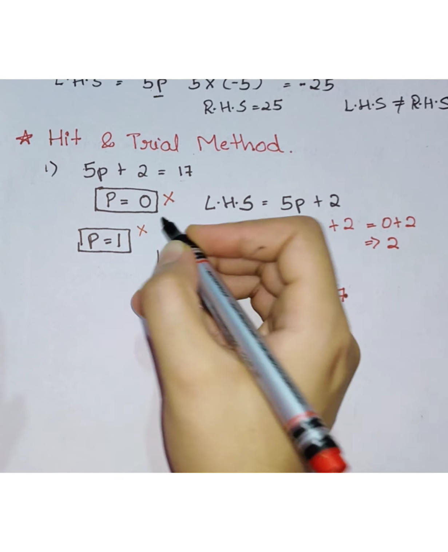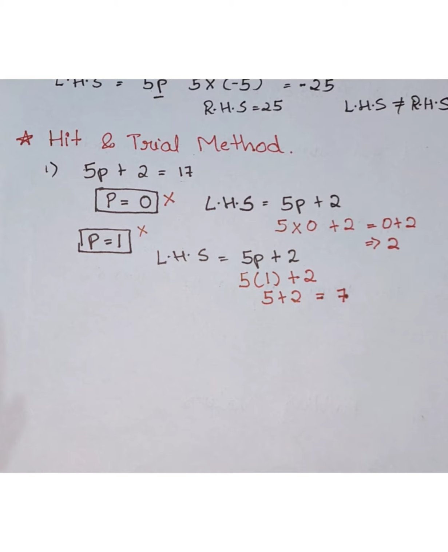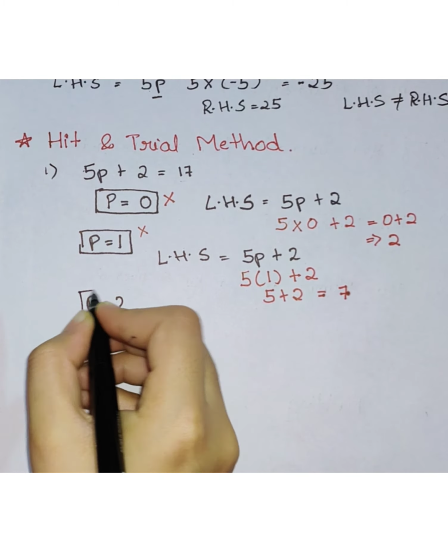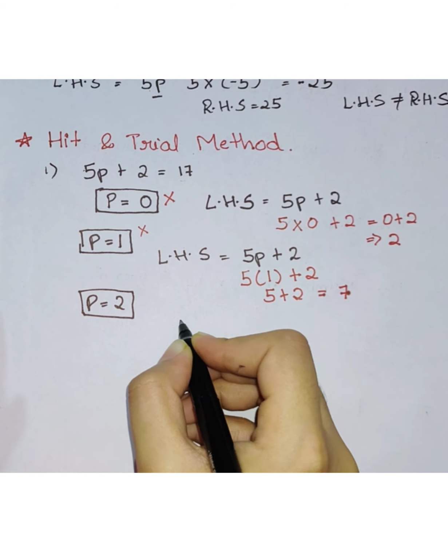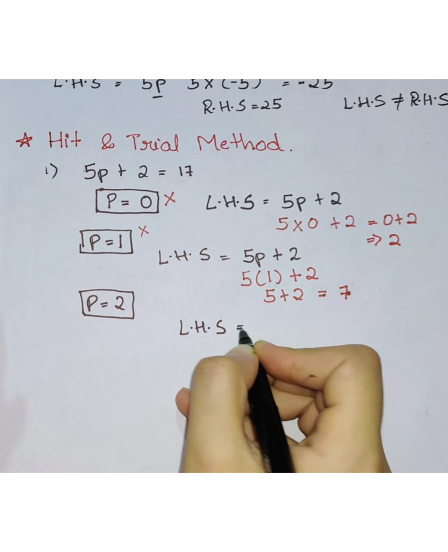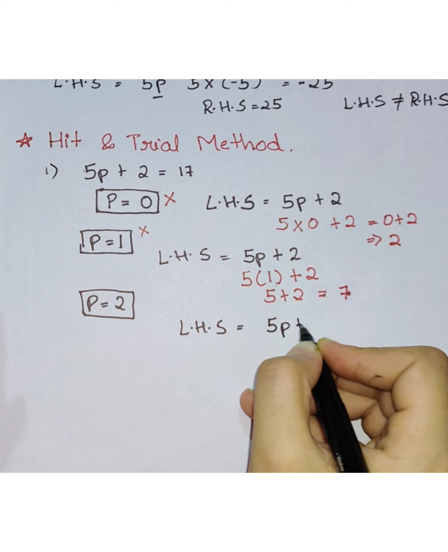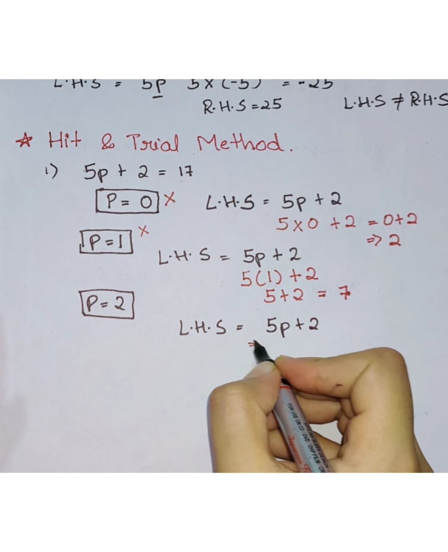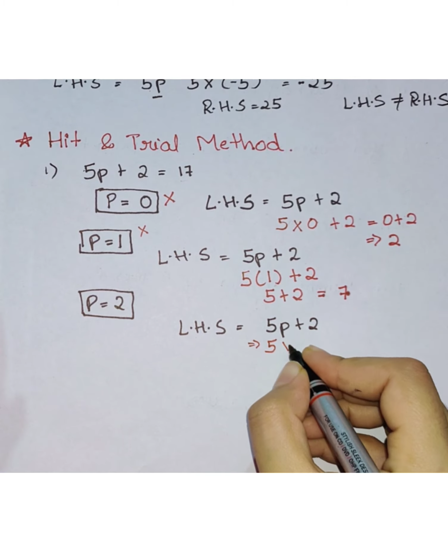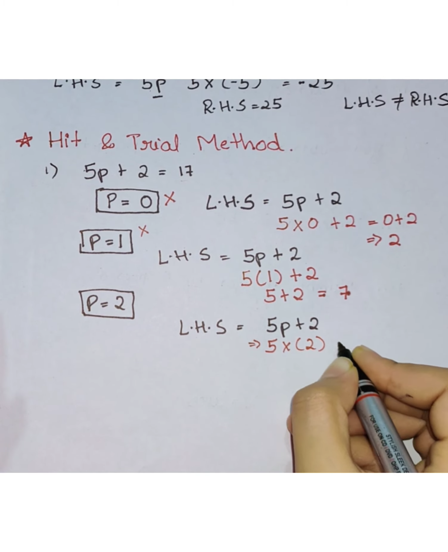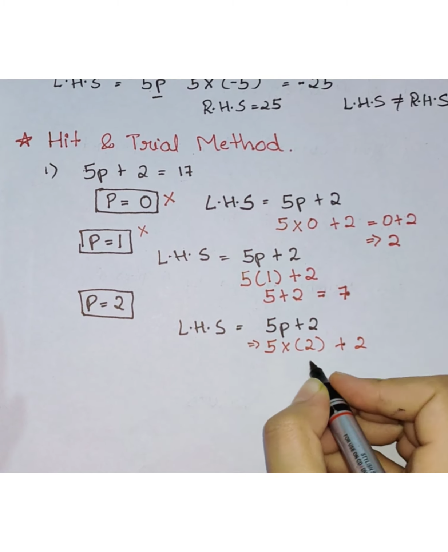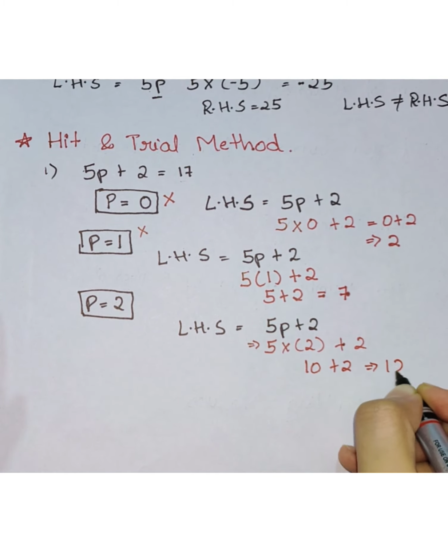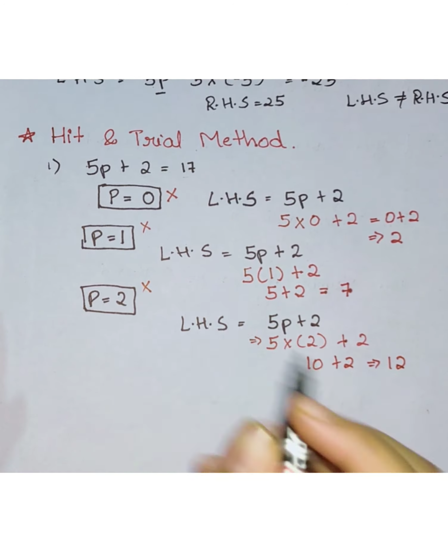This is also not satisfying our equation. Next we'll take p is equal to 2. Our left hand side is 5p plus 2, and we'll put p is equal to 2 in this. So 5 into 2 plus 2. 5 twos are 10, plus 2. 10 plus 2 is equal to 12. This is also not satisfying.